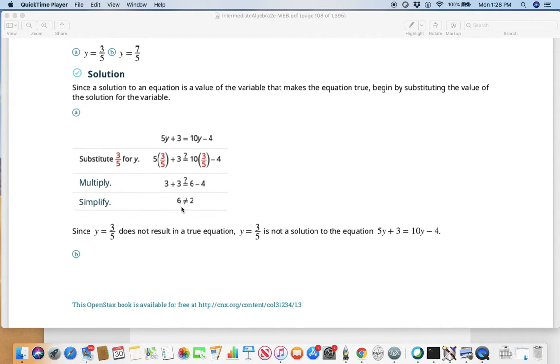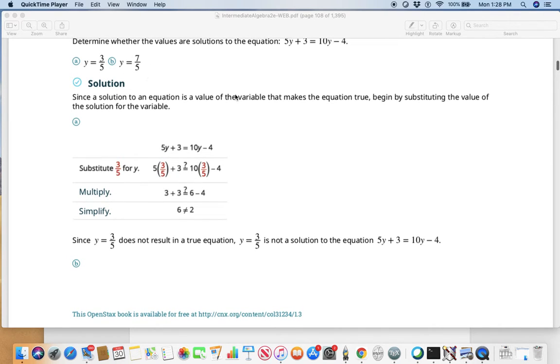Left hand side gives me 6. Right hand side 6 minus 4 gives me 2. 6 is not equal to 2. Therefore, 3/5 does not solve this equation.